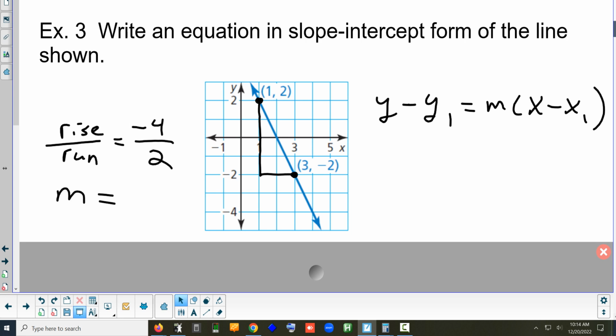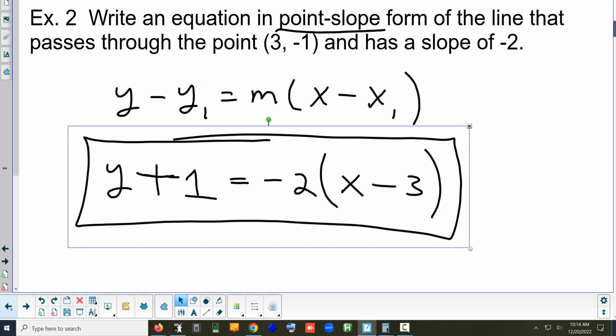So this is going to be my slope. Down 4, right 2. What's negative 4 divided by 2? Negative 2. Okay, so now you have your slope. That's just like it was in the last problem. They give you a slope.